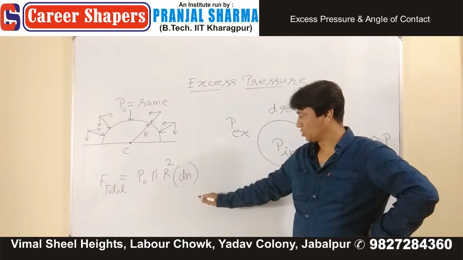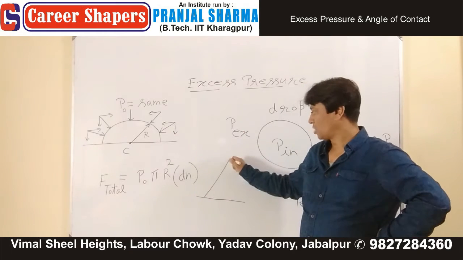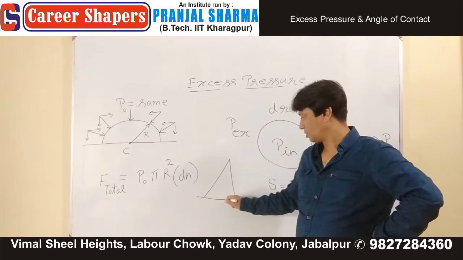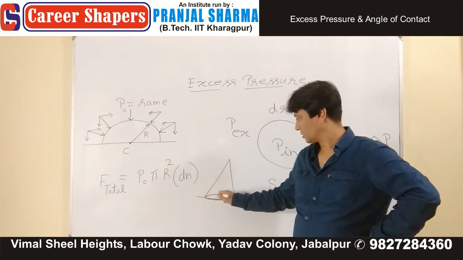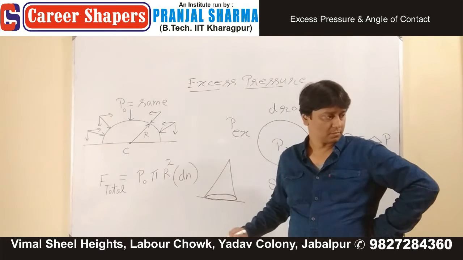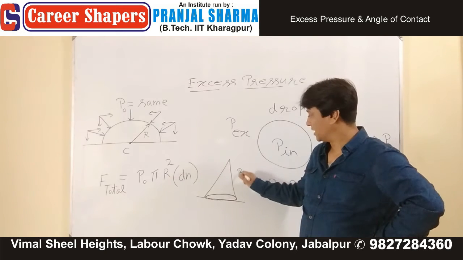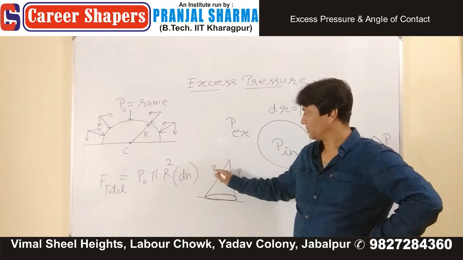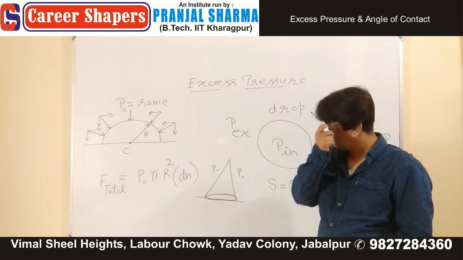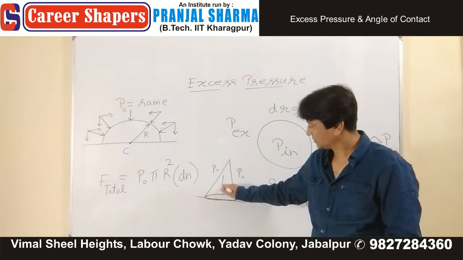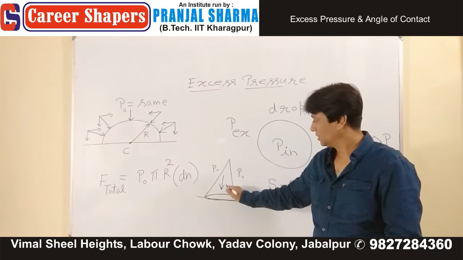If you have a cone, look at this also. Suppose you have a cone, and again pressure outside is uniform, P naught. If we need total force acting on this cone, this will be the direction of that total force.